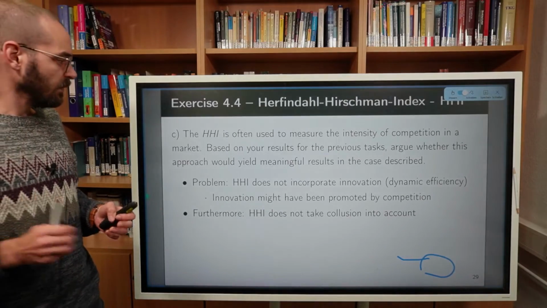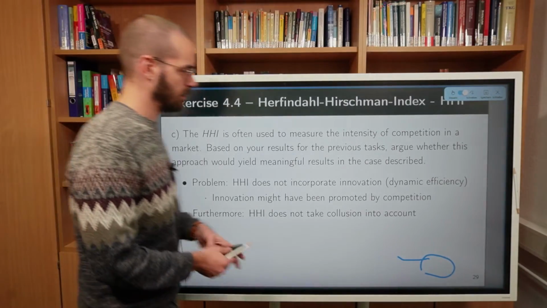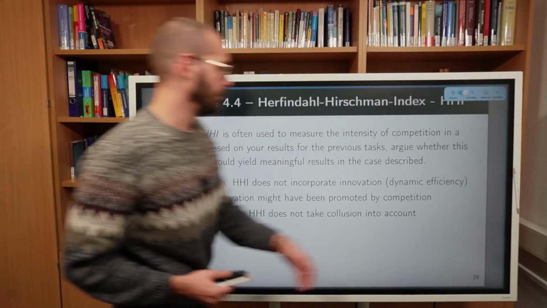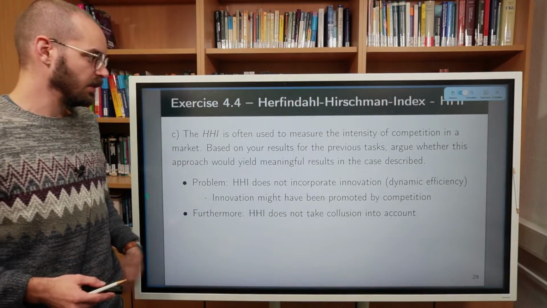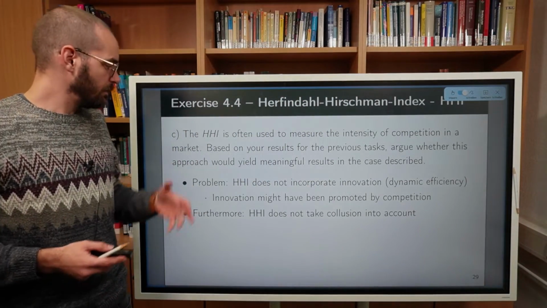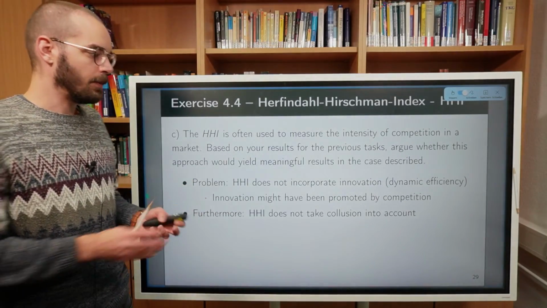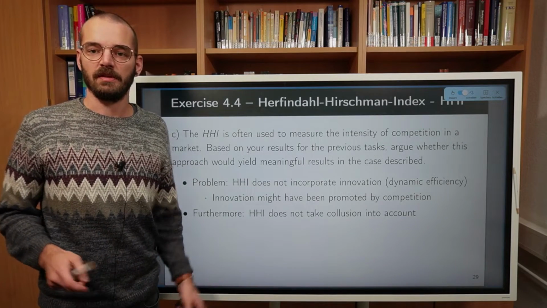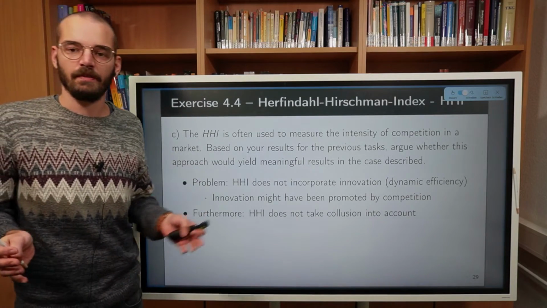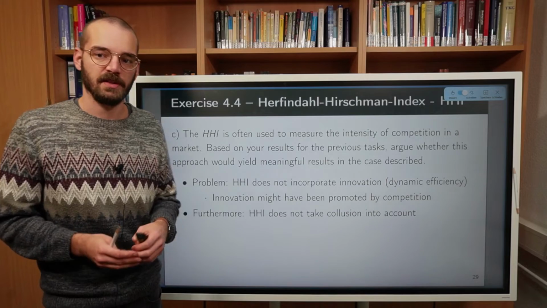So HHI does not incorporate dynamic efficiency. Furthermore, this innovation might, after all, come from or might be promoted by competition. So the baseline competition might be what was the driver for this innovation.